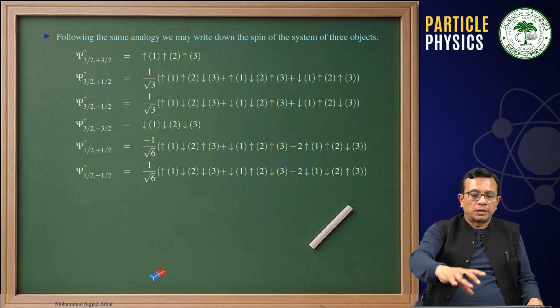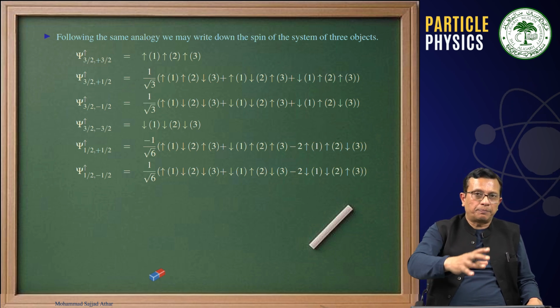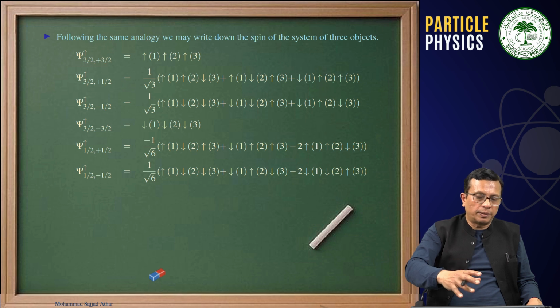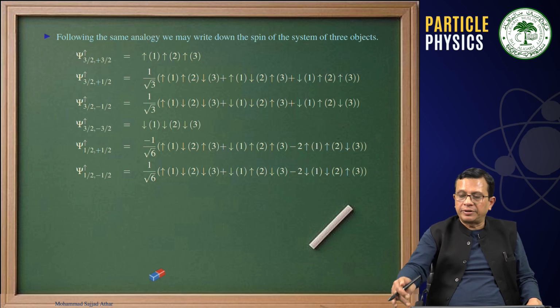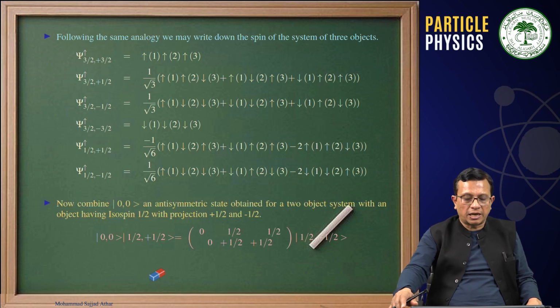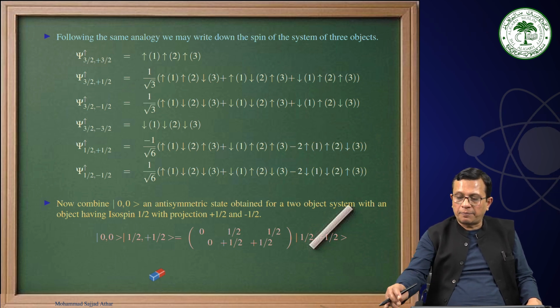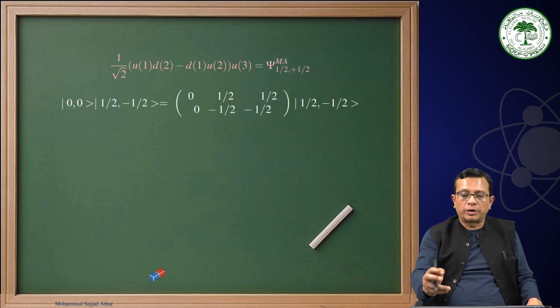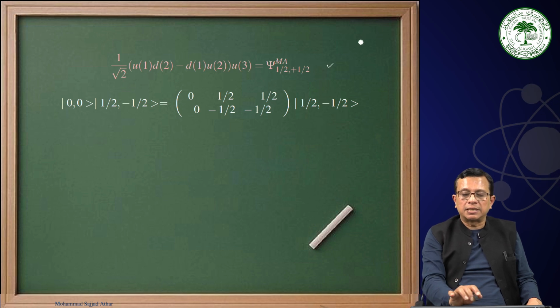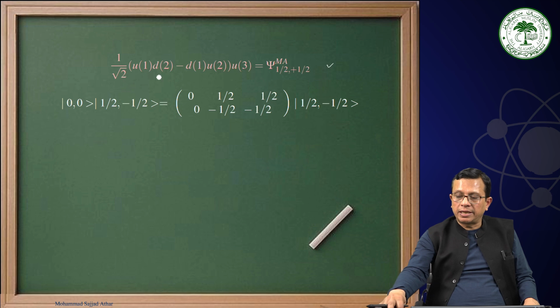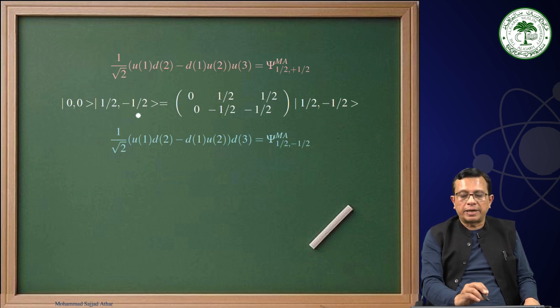First, we consider 1 plus 1, 1 0, 1 minus 1 with half plus half and half minus half. Then I took the case when 0, 0 is combining with half plus half, and this is what we are getting. As you can see, this is also a mixed anti-symmetric wave function, and then this is half minus half.